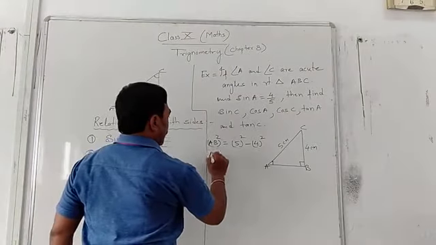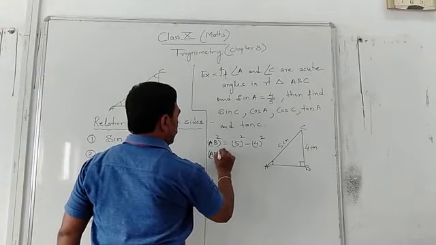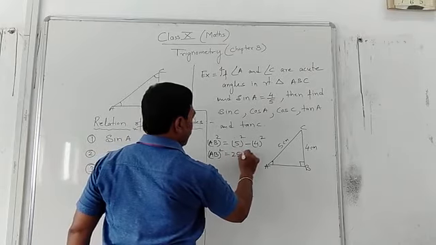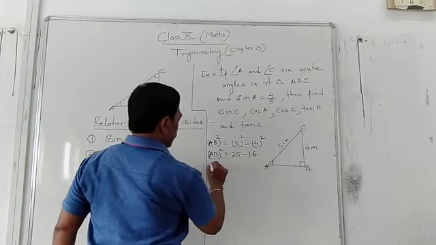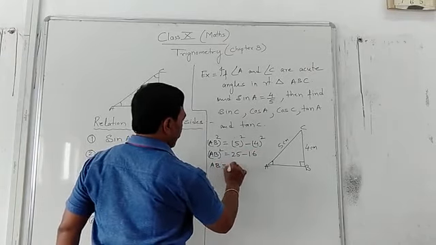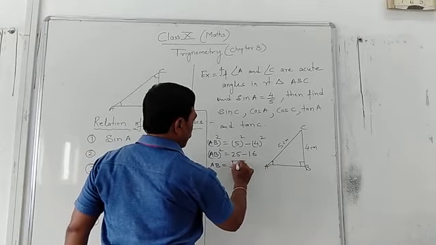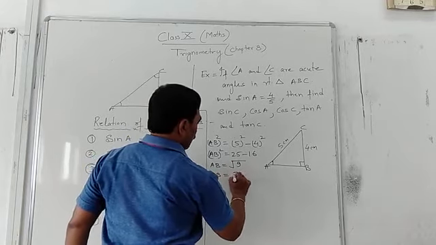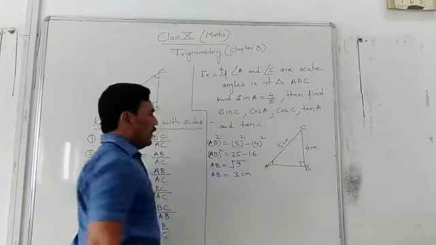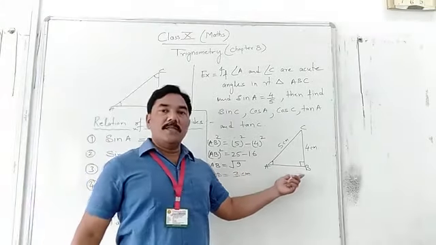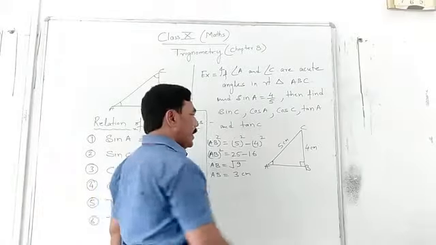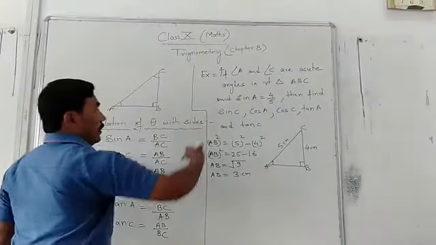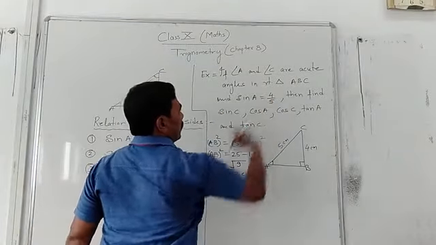So AB square is equal to 25 minus 16, so AB is under root 9, and AB is 3 centimeter. It means the side AB is 3 centimeter.